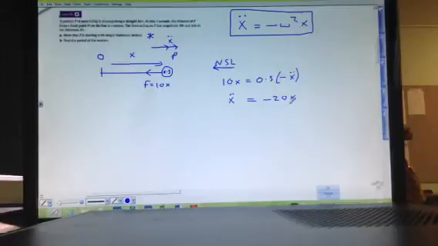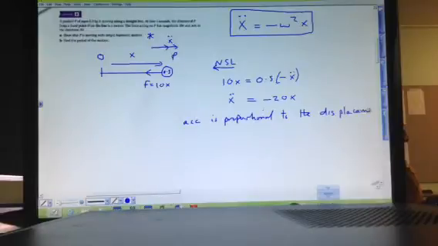And at this stage you would say that the acceleration is proportional to the displacement, and is in the direction of PO, therefore SHM.